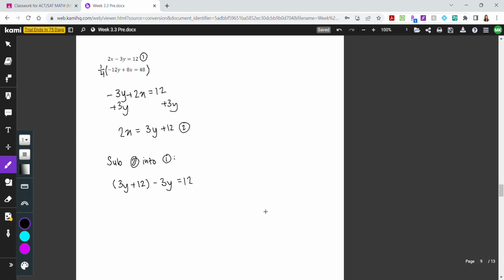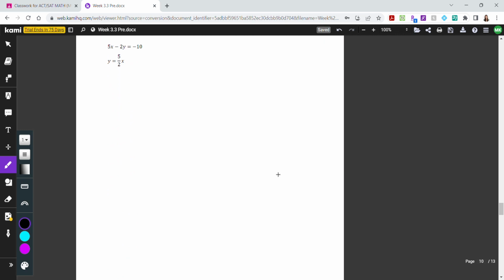All right, open the parentheses. And now we're going to group all the like terms. And from here, if you notice, we're actually going to get 0 equals 0, which, look, that means all real numbers are solutions. In short, we have infinite solutions. All right.